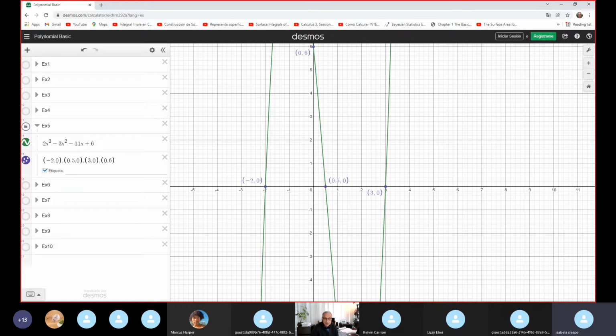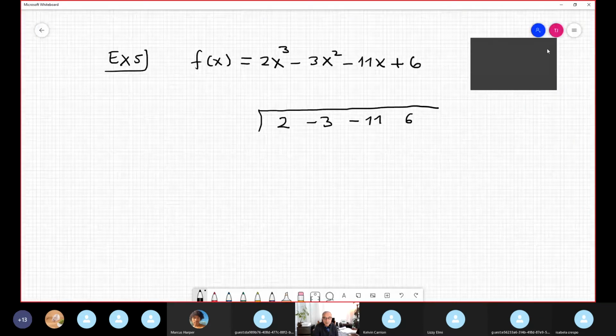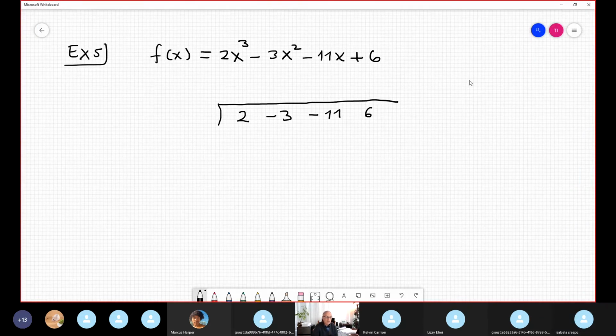The zeros that I see in Desmos are 3, -2, and 0.5, which is 1/2. It doesn't matter which you want to start with. 3, suppose.